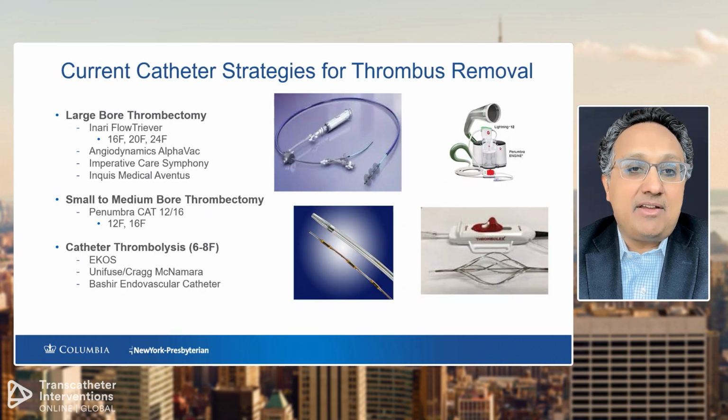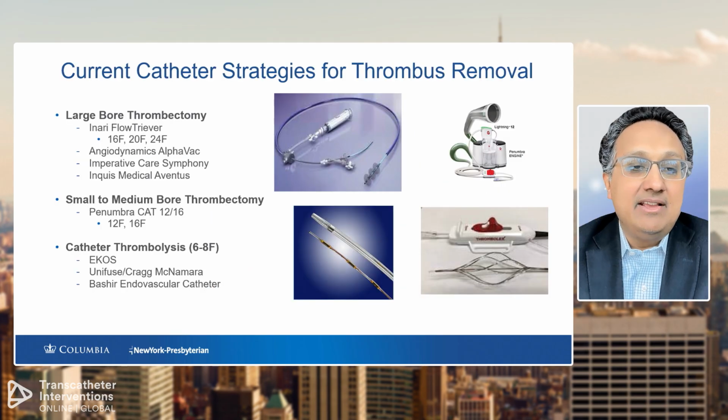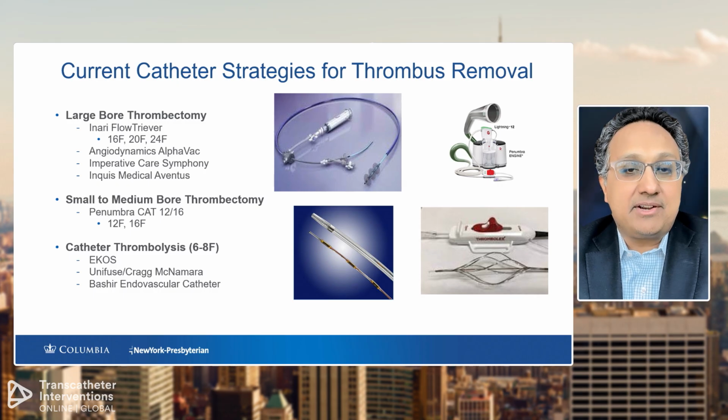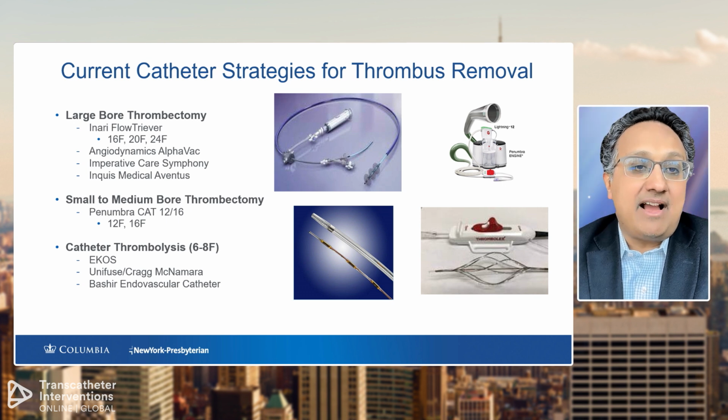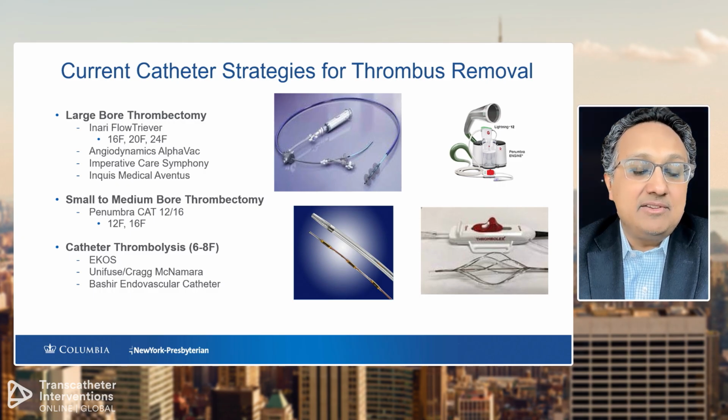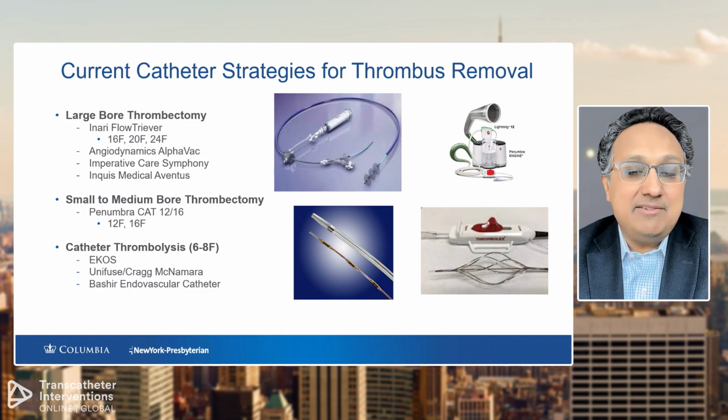Now, you've heard already that there's a panoply of tools that are available for treatment. In the United States, we now have a number of FDA-approved technologies ranging from large bore thrombectomy, say 24 to 25 French devices, to so-called medium bore devices, including the Indigo 16 French platform, to the various catheter-directed thrombolytic techniques, the most studied of which is the ECOS device.